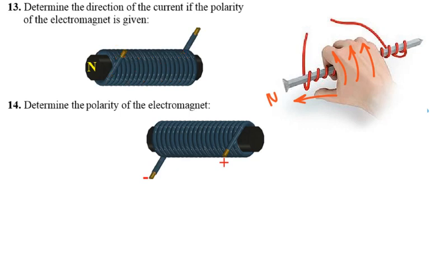And for the next question, they tell you this is the positive side. So the current is going in this direction, up like this. And this is the negative side, for the battery. Then if I wrap my fingers again the way it's shown in the picture, I will have this one north and this one south.